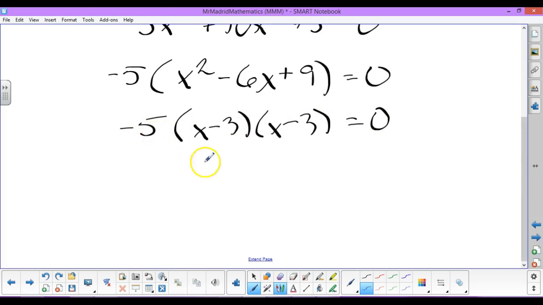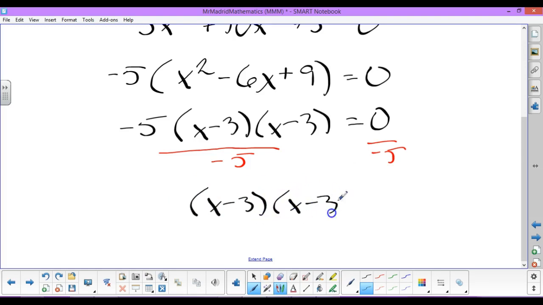Here, the first thing I would do is divide by -5. Really quick trick: anytime you have 0, it comes in very handy. So I'm left with x minus 3, x minus 3 equals 0.